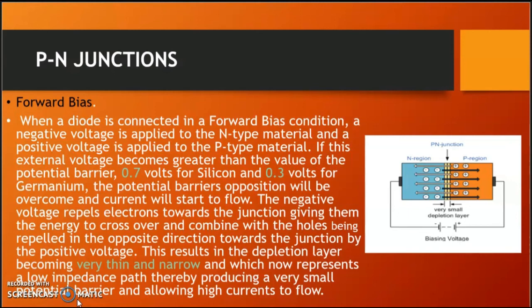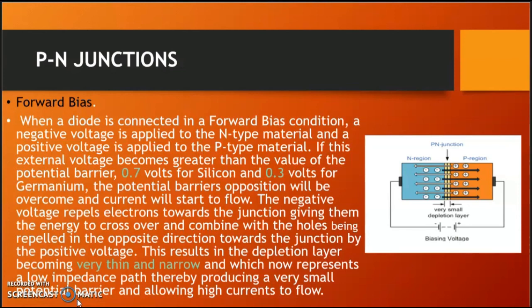So for this reason, we've already talked about the amount of voltage required to break these potential barriers in the materials we're using. So we are saying if it is silicon, you will need about 0.7 volts before we can overcome it. But when it is germanium, we need 0.35 volts before we can overcome this potential barrier.